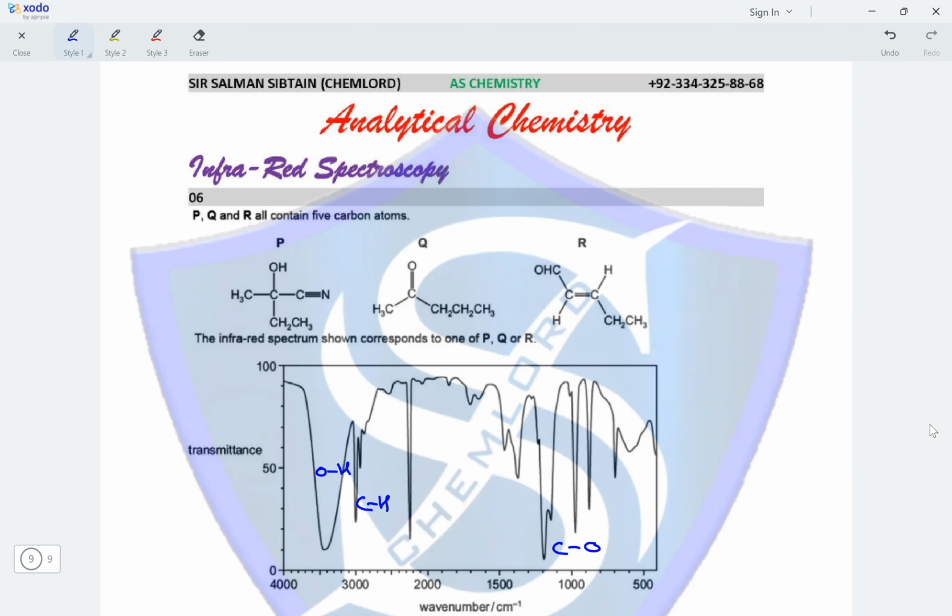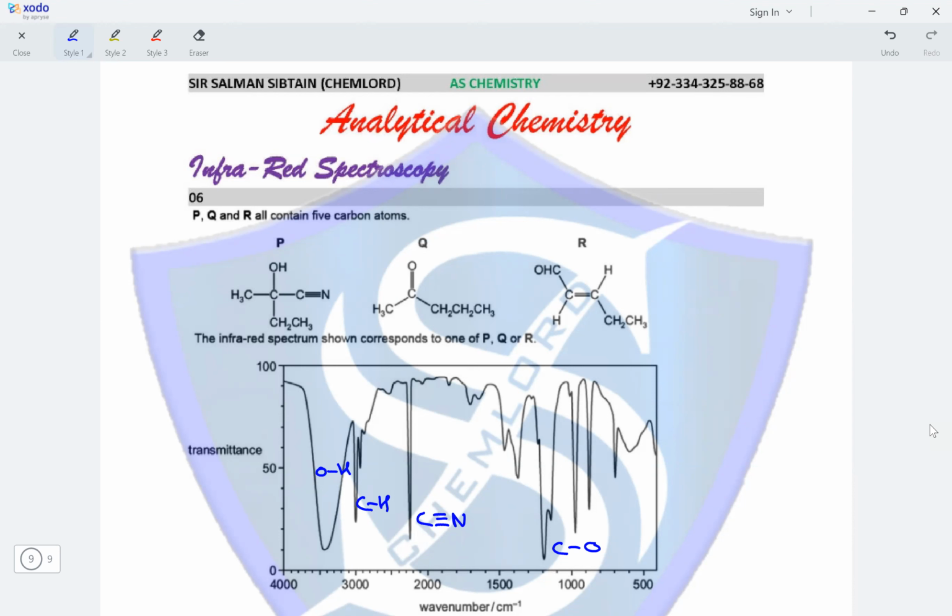And we've got another peak closer to 2200 wave numbers, which corresponds to a C triple bond N. And this was checked because compound P contains C triple bond N. So a C triple bond N peak is present in the range of 2200 to 2250, a very, very narrow range.